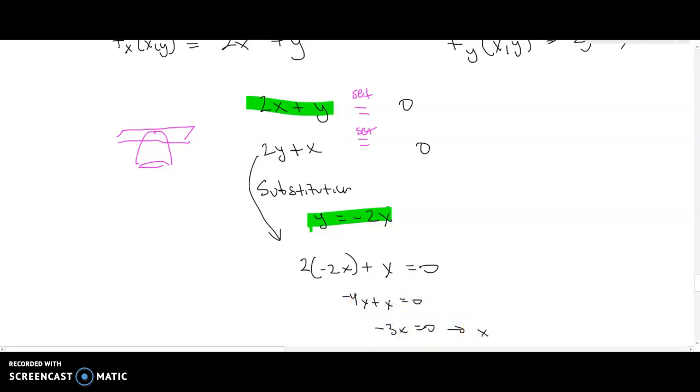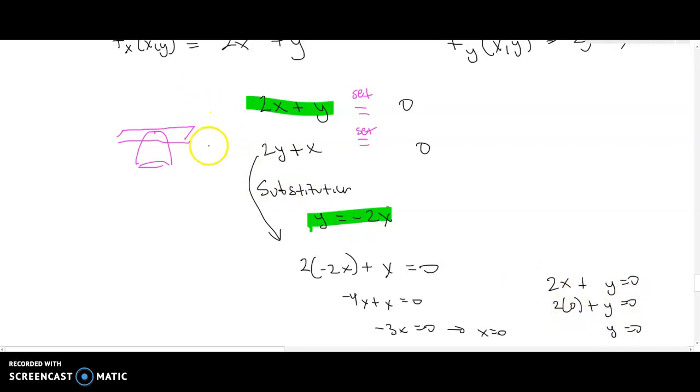which means that x equals 0. Now at this point, when you solve a system of equations, you can plug that value of x, which you know 0 is a value common to both of these equations. You can find y by saying 2x plus y has to equal 0, and if you substitute in 0 for x, you get y is equal to 0.